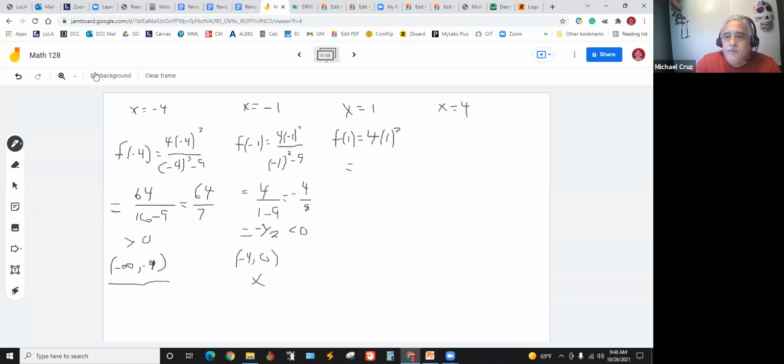And that's just 1 minus 9, so that's still going to be negative 8. So this time we got -1/2. Hold on a second. Did I do something wrong? So in the numerator, it's 4 times 1, 4.